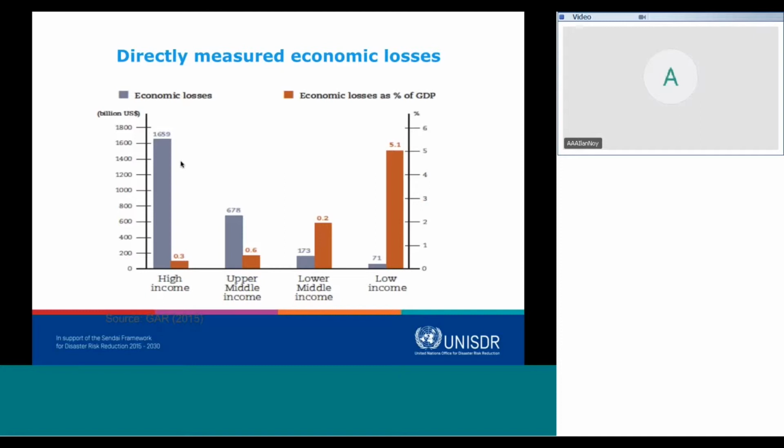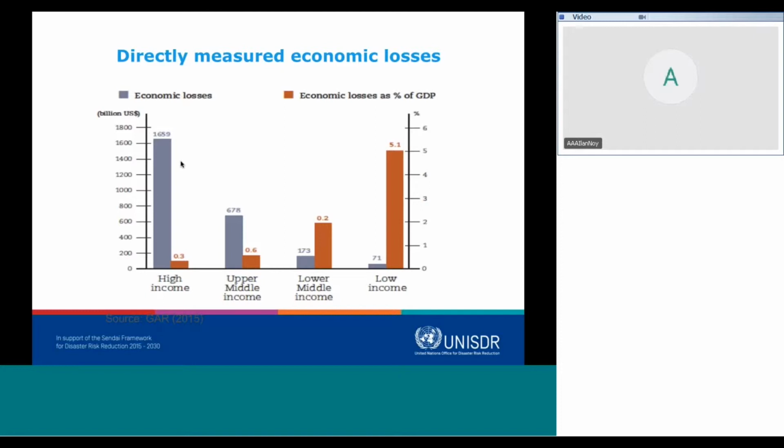So one needs to account not only for the dollar amount of loss, and Sarah mentioned that we can always count everything in dollars, but actually a dollar in a poor country is worth a lot more than a dollar in a rich country. And we need to remember that. And this is also true, a dollar in a poor region is worth a lot more than a dollar in a wealthy region. A dollar for a poor household is worth a lot more than a dollar for a rich household.